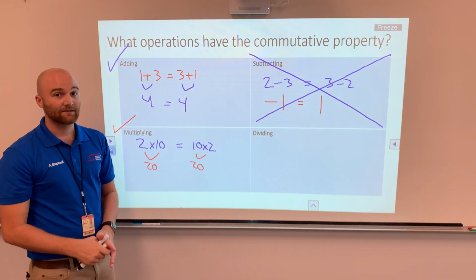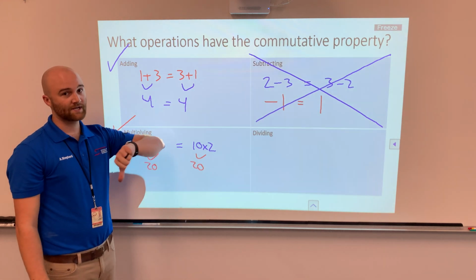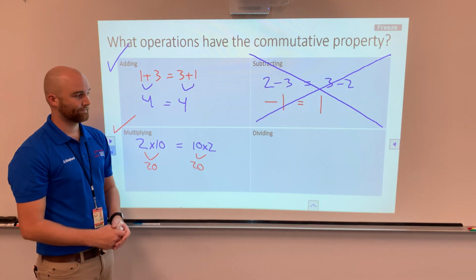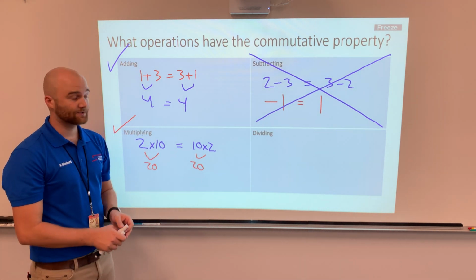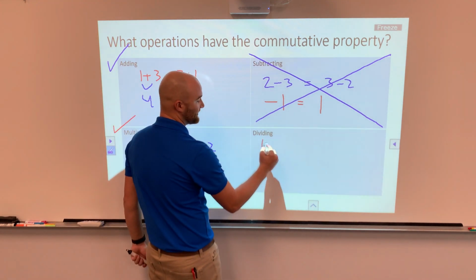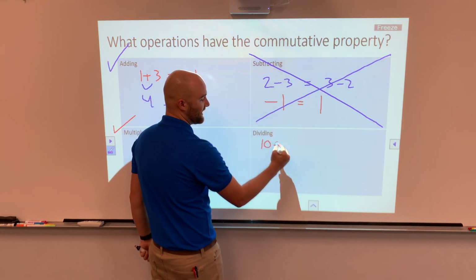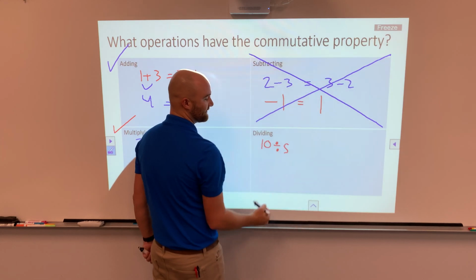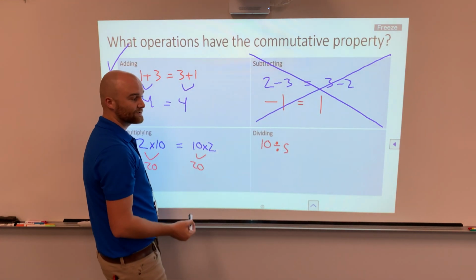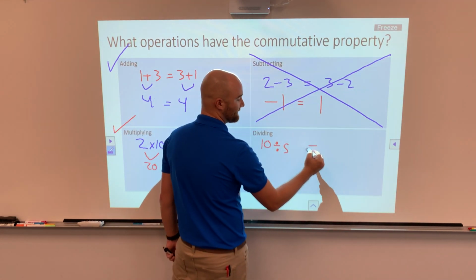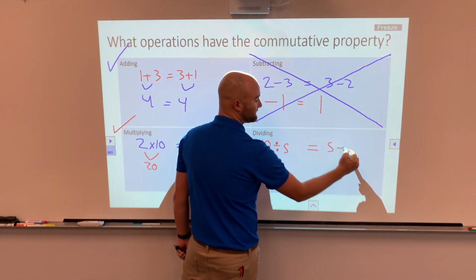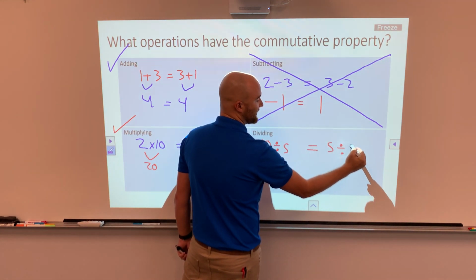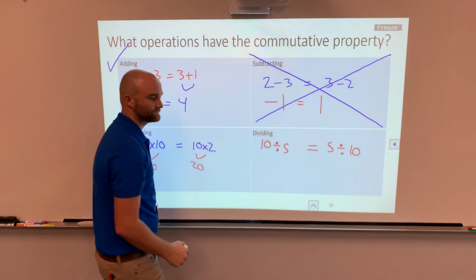Last one is dividing. Do you think it's going to work or it's not going to work? What do you think? Well, let's try it out. If I said I've got 10 divided by 5, if it works, that should be the same thing as 5 divided by 10.